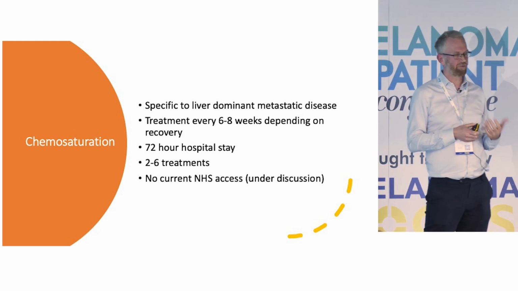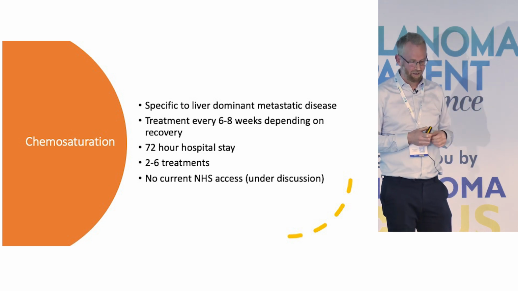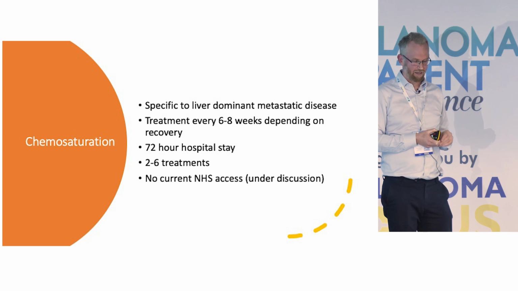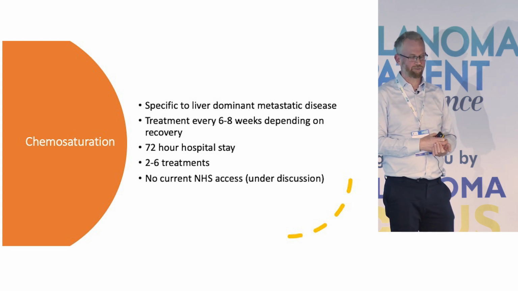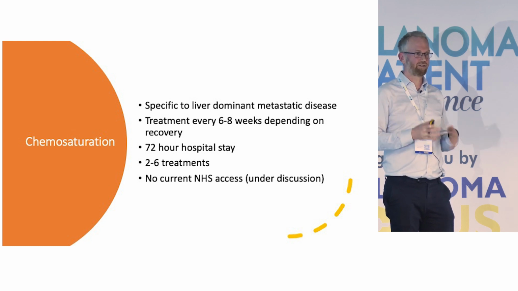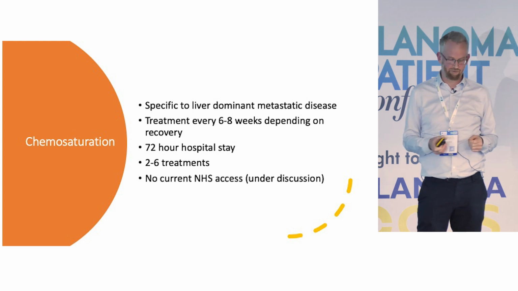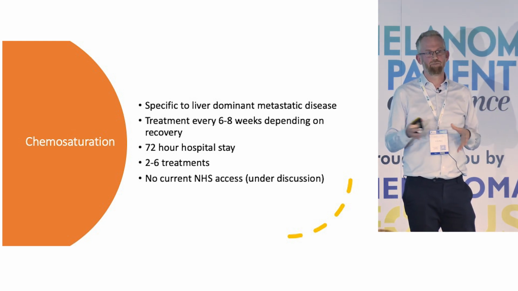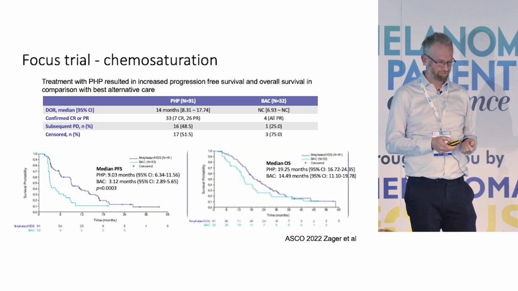The treatment is every 6 to 8 weeks, depending on recovery, and it involves often about a 72-hour hospital stay, although when set up, the stay is usually longer, and then when people get more experience it can be taken down. But it only involves 2 to 6 treatments to get benefit. Again, no current NHS access, and this is something under active discussion.